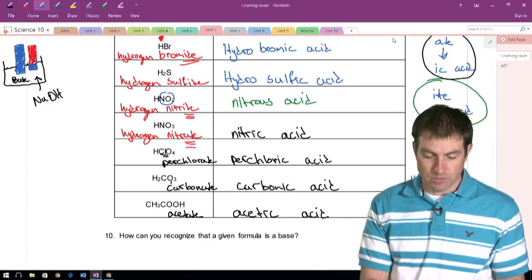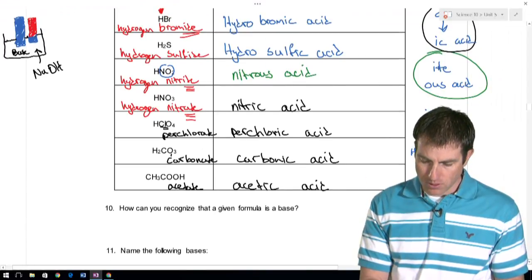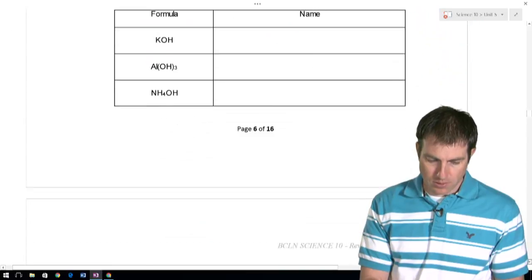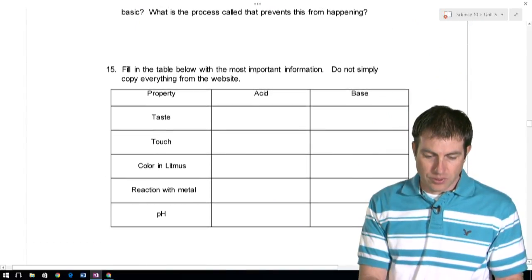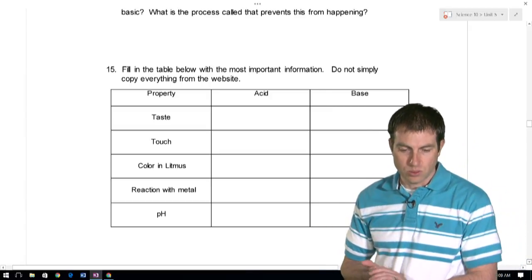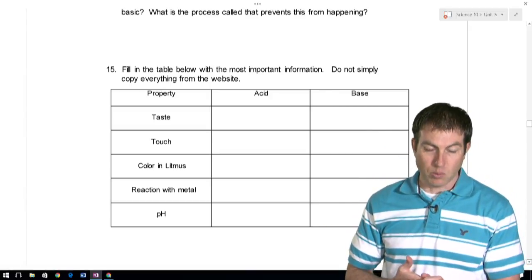Mm-hmm. 15. Fill in the table below with important information. Do not simply copy everything from the website.